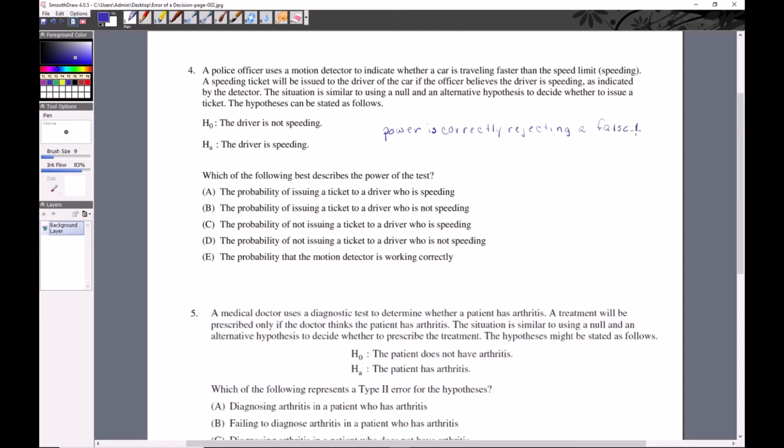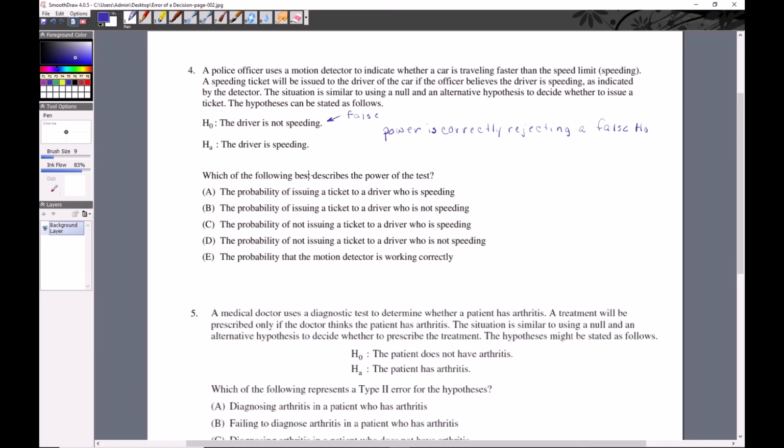So I guess the problem is saying, assuming it's going to be the power of the test, that this is false, and we should be rejecting it. So if we reject it, we should determine that the driver is speeding and give them a ticket.